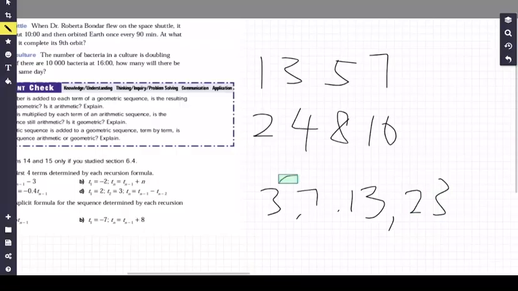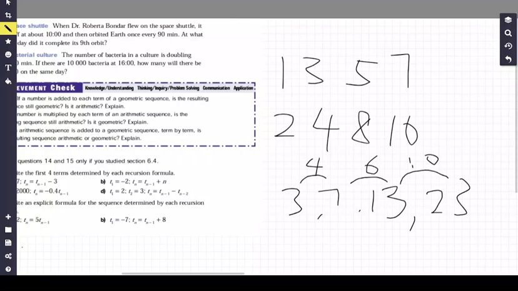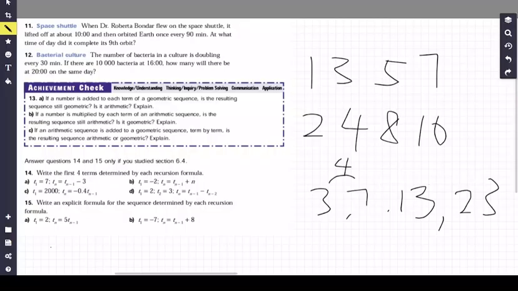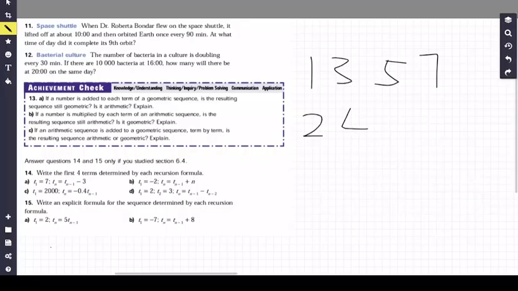Realize this is 4. This is 6. This is 10. This is some weird hybrid, right? So we look at it and we think, okay, so when a geometric is added to an arithmetic or an arithmetic is added to a geometric, term by term, nope. The resulting sequence will be neither arithmetic nor geometric.